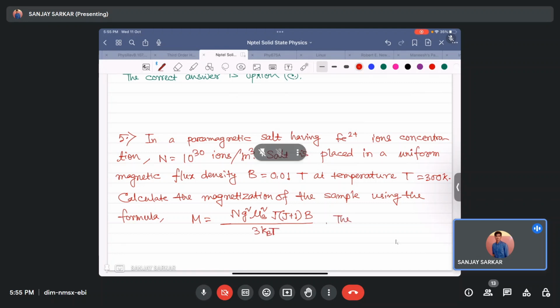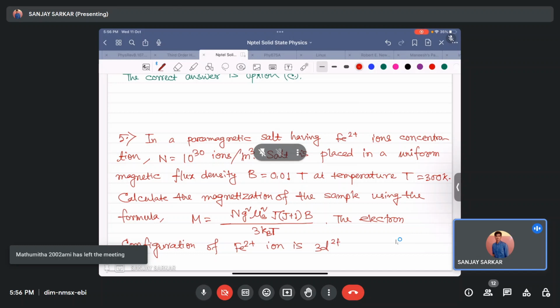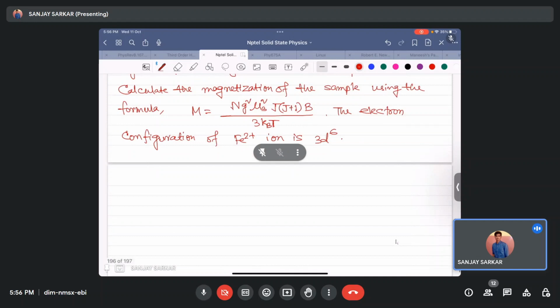The electron configuration for this salt you need to know, because otherwise you can't calculate L, S and J values. So the configuration of Fe2+ ion is 3d6, and the constants you already know, so I am not writing the constants of Bohr magneton and k.